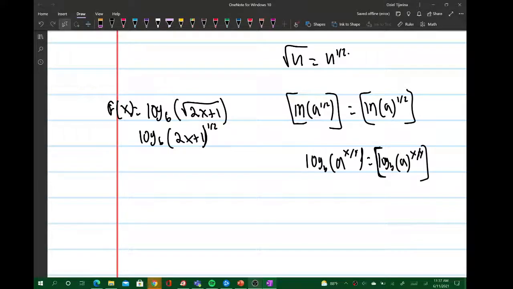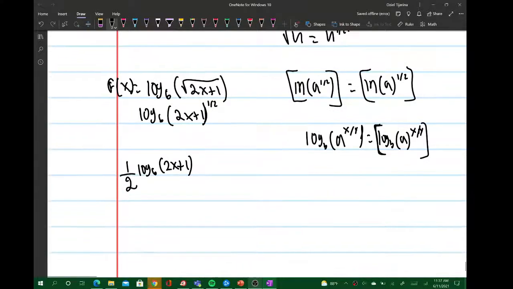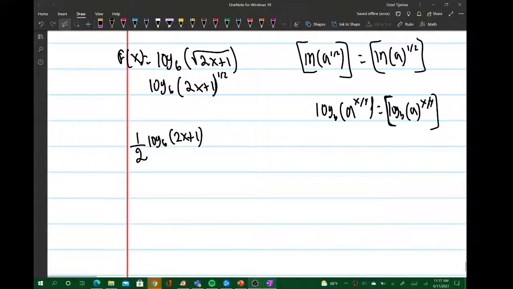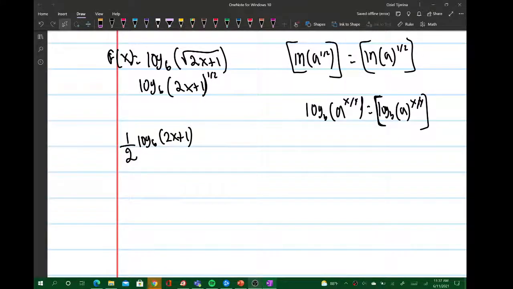So really this is going to be equal to this. Now you can move the power to the front. You can say that this is equal to 1/2 log base 6 of 2x plus 1. And that makes it a little easier.